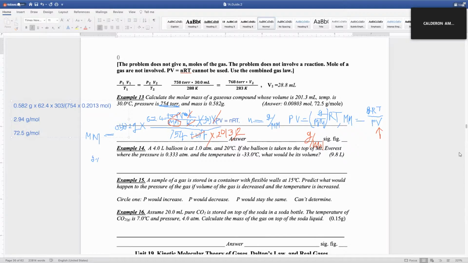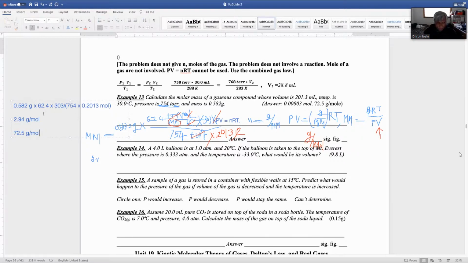The way I did it was I timed 0.582 grams and then 62.4 torr times 303 Kelvin, and then I divided it all by 754 torr times 0.2013. There's the problem right there. You have to divide by both instead of timesing them together. You have to divide again by 0.2013, not multiply. Okay.